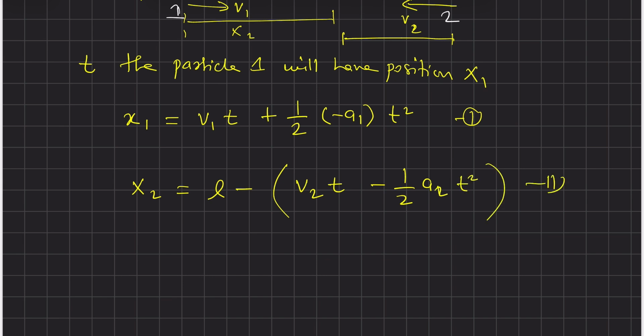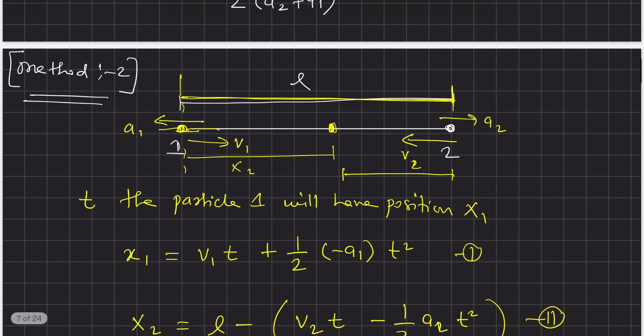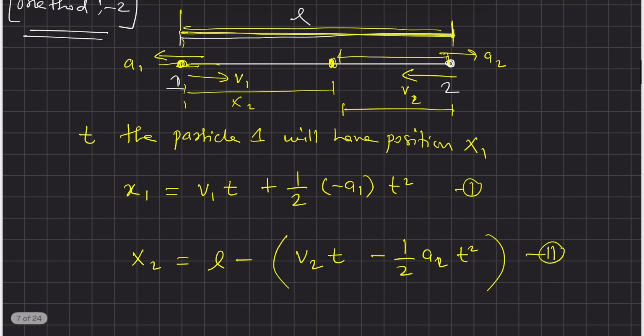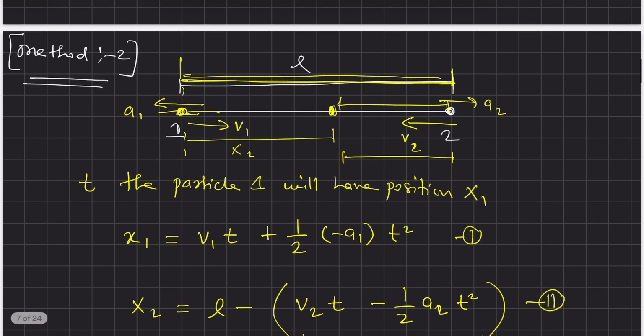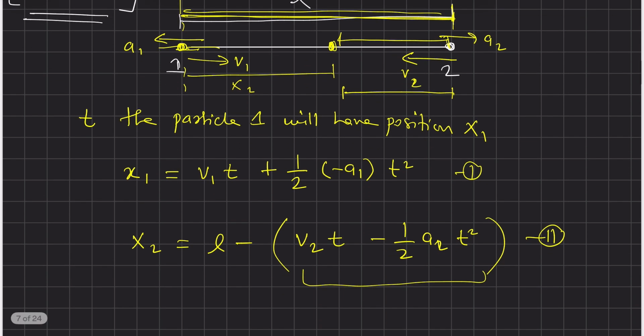I hope this is okay. x2 you have understood. This is L, and this part is what it is going to travel. So its position from the origin will be L minus v2t minus half a2 t square. I hope this is okay, guys.